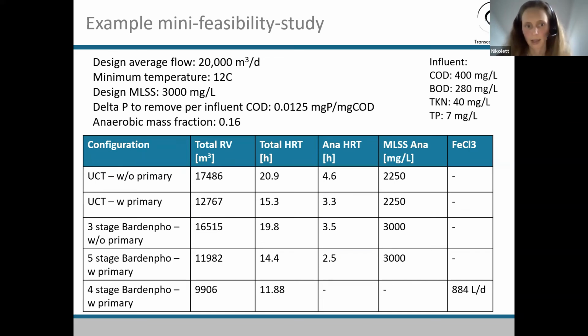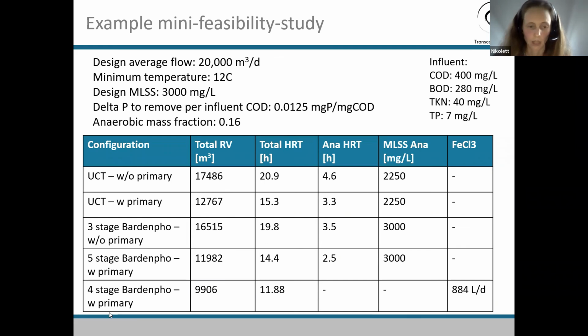And as we would like to provide the same anaerobic mass fraction, so the overall anaerobic mass available in the system should be the same in terms of UCT or Bardenpho configurations, it will lead us to a situation that UCT appears to be bigger in terms of reactor volume compared to the Bardenpho selection.